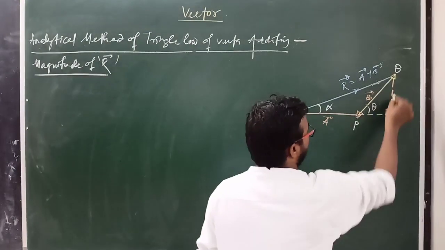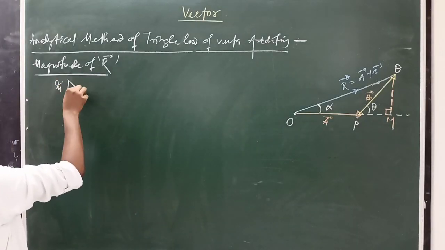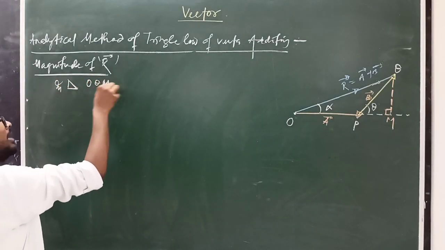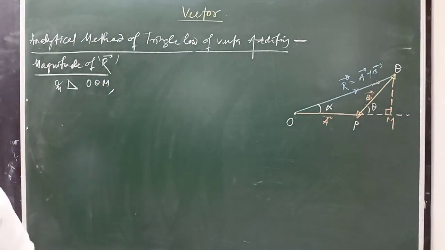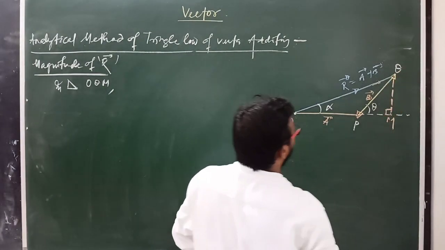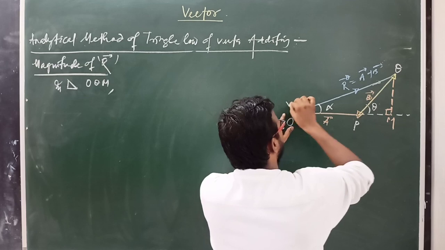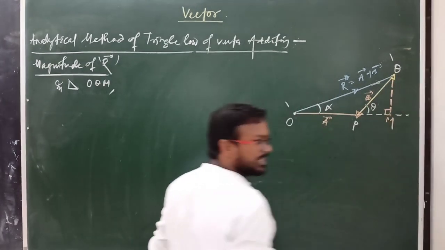In right angle triangle OQM, by using Pythagoras theorem, this is hypotenuse, and here this is base and this is height.